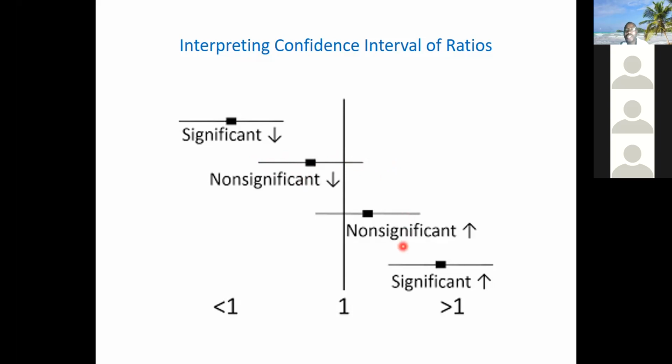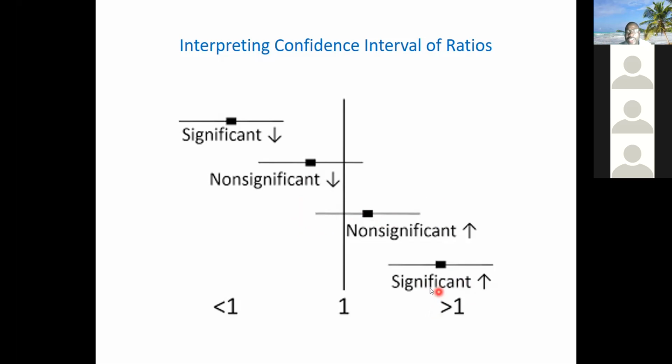This one, what you calculated is more than 1. It shows that the people that are exposed to the factor have more of the disease than the other people, so they are more likely to have the disease. But since it started from 0 point something and ended after 1, it's not significant, because it can as well be 1, it can be on any side in the population.